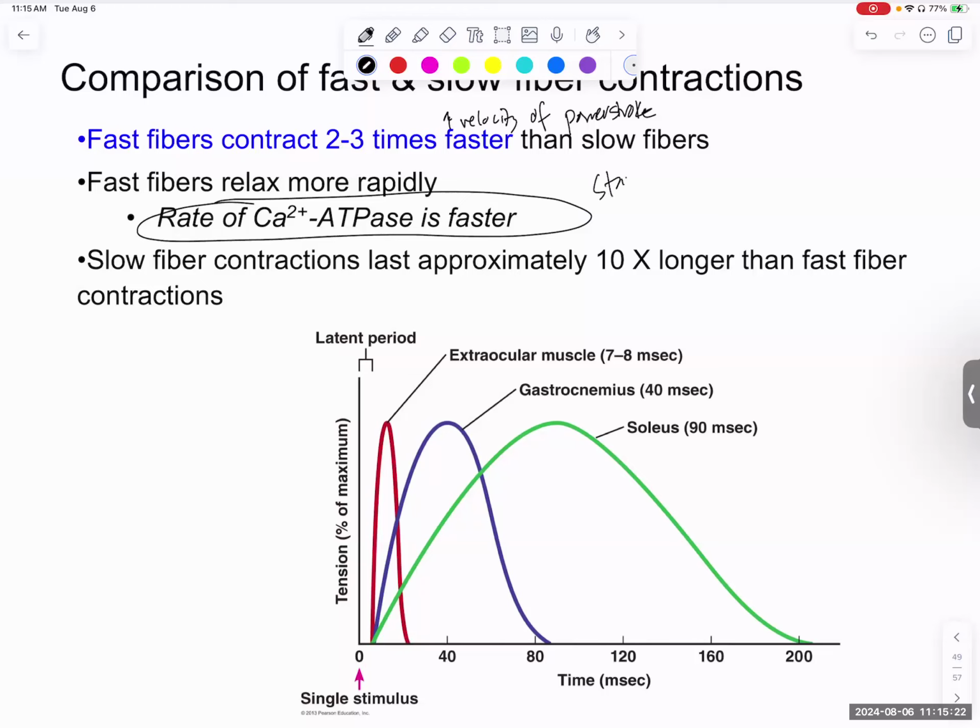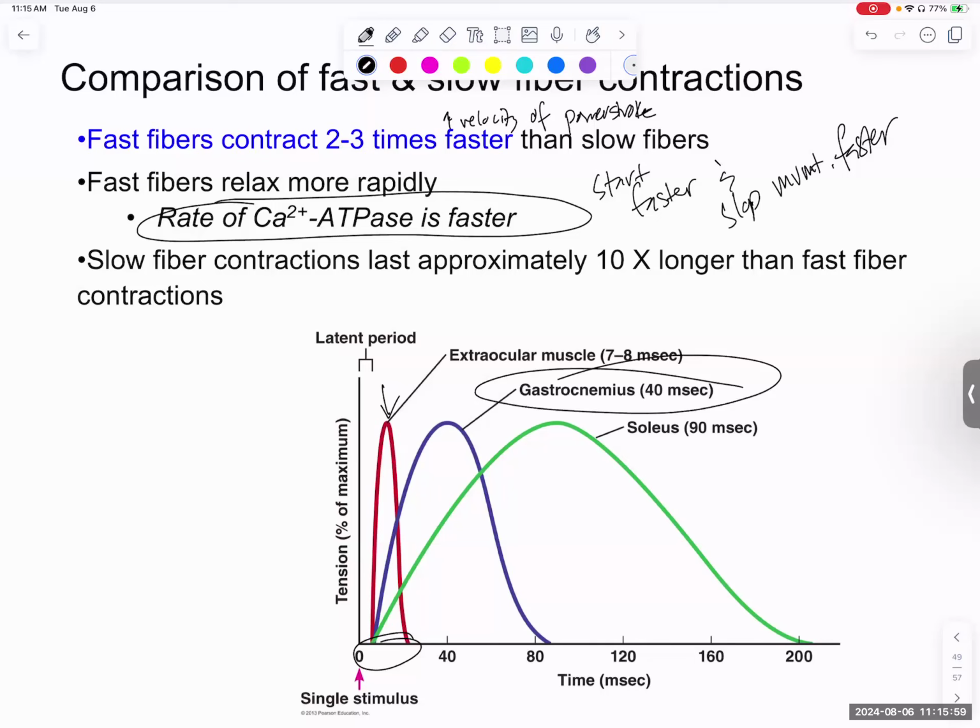So they can start faster and stop movement faster. So these enable athletes to start a contraction quickly, but also stop a contraction quickly, which can matter. If you're playing basketball and you need to stop moving in one direction and turn to move in the other direction, you also want to be able to stop your muscles quickly as well. So fast fibers are good for starting and stopping. And so they're going to be quick.